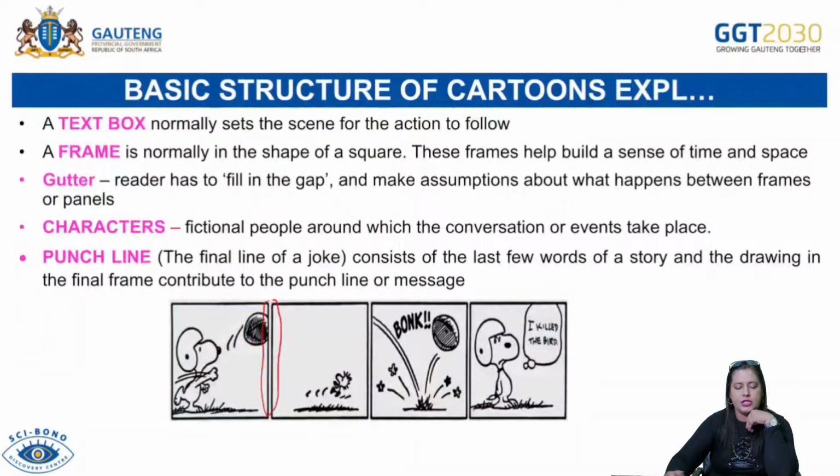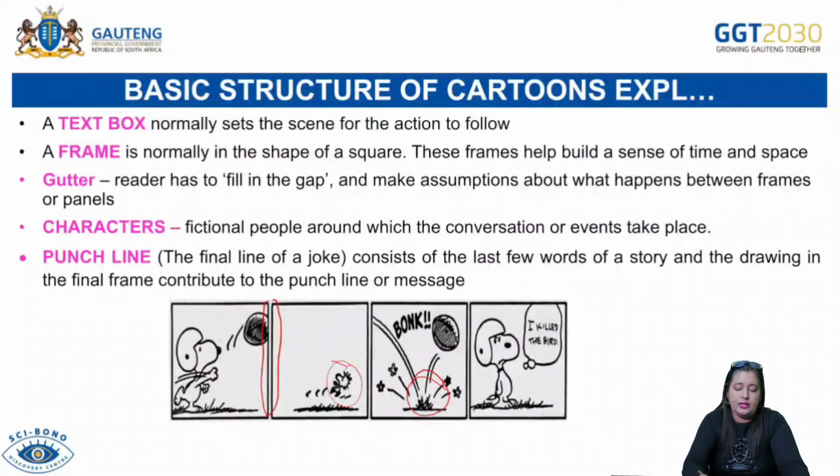If you're looking at this image of the dog throwing the ball, for example, chasing after it, boink, boink, and then what happens? The ball lands on the bird, and the bird in the 3rd frame is smashed by the ball, and then he says, I killed the bird.